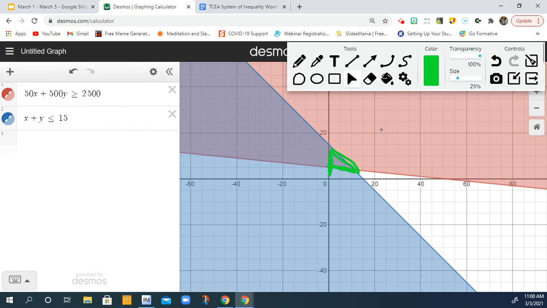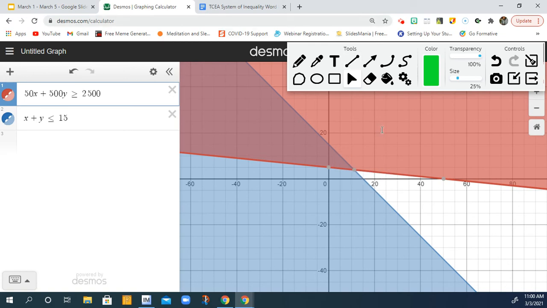Okay, so let's choose a particular point that is in this area. So I'm going to use my pointer, and maybe I should click this so I can see. What if they chose this one right here. 5, 4.5.